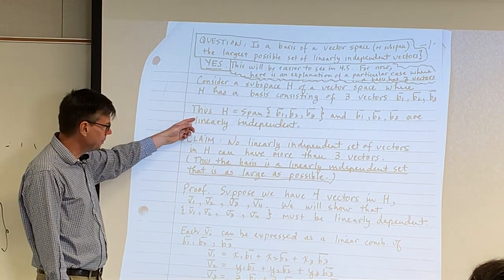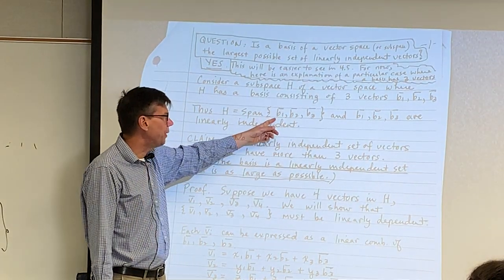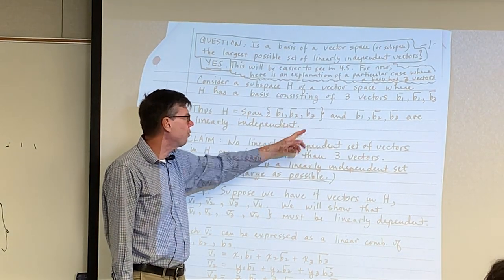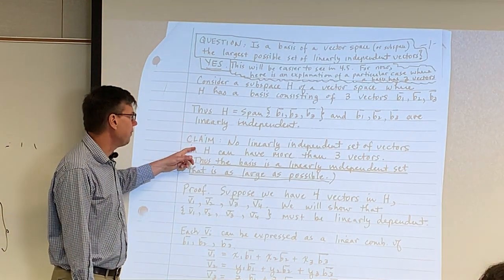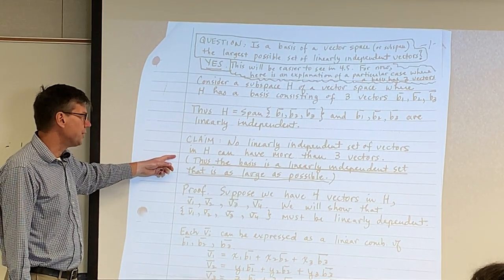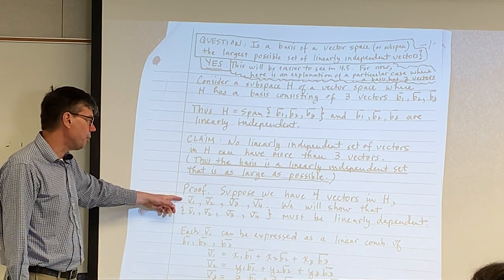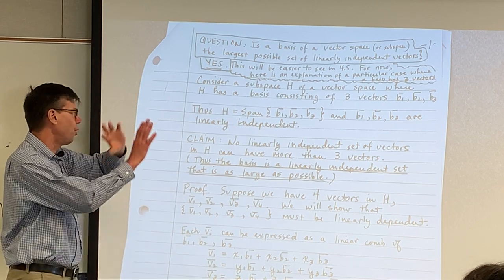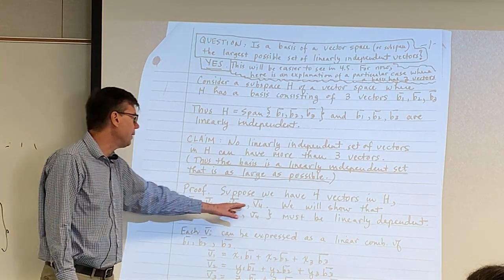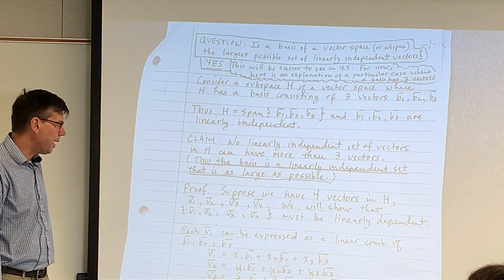So suppose H is a span of 3 linearly independent vectors, b1, b2, b3. Could you have a set of linearly independent vectors that has more than 3? In this little argument I make, I say, suppose there were 4 totally different vectors that are linearly independent and have the same span.